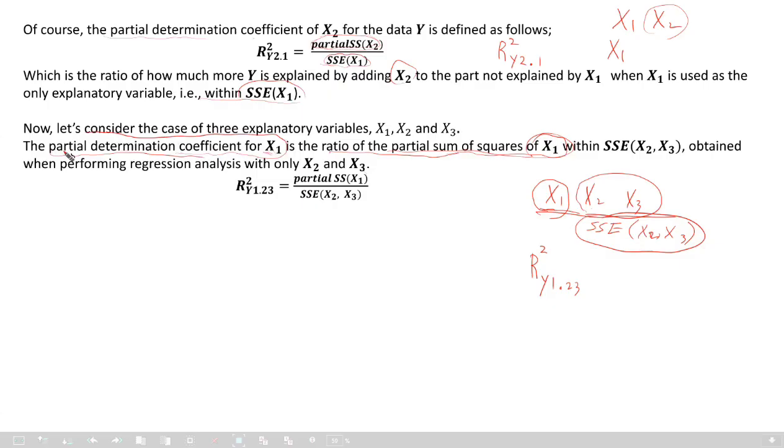Get it? Oh boy, it is not complicated. It is just simple, but the terminology seems difficult. That's it, I think. Okay, we will go to variable selection with this concept, partial F, next time. Thank you. Bye.